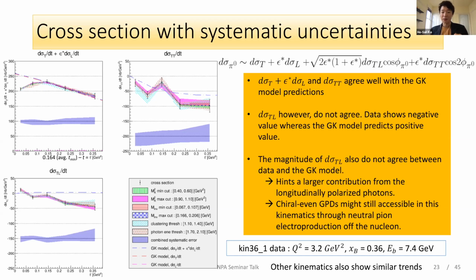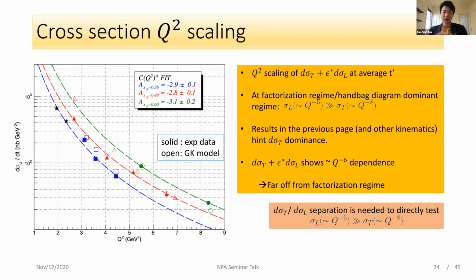And chiral even GPDs might still be accessible in this kinematic through neutral pion electroproduction off the nucleon. All other kinematics for this experiment show similar trends. And now let's see the Q-square scaling. We saw previously that the sigma T term is expected to have a higher contribution than we expected.